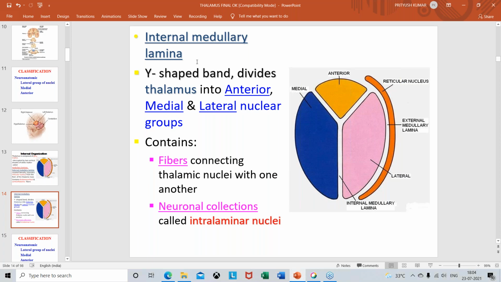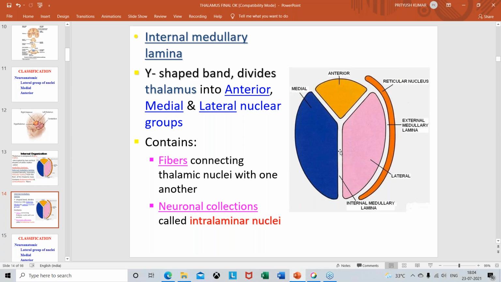It divides the thalamus into anterior, medial, and lateral. And in the internal medullary lamina, you'll find fibers connecting the thalamic nuclei with one another. So this is connected to this and this. They lie in the internal medullary lamina.